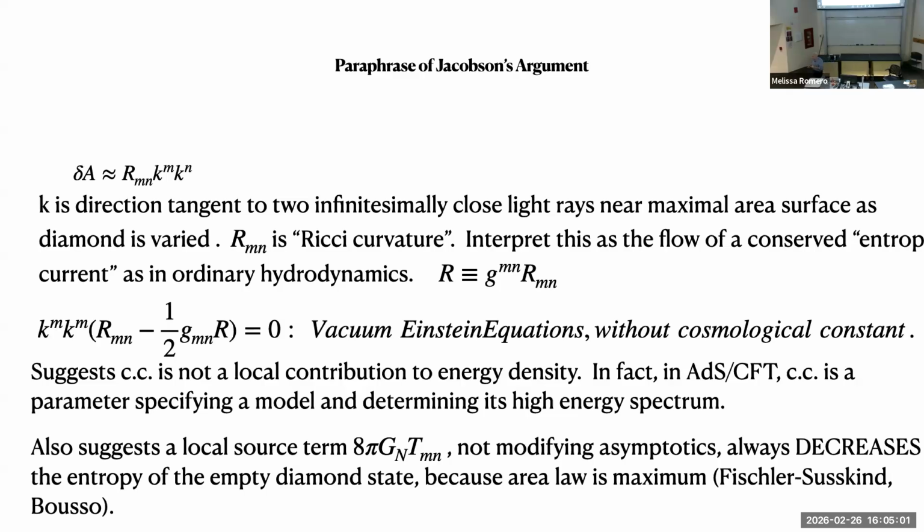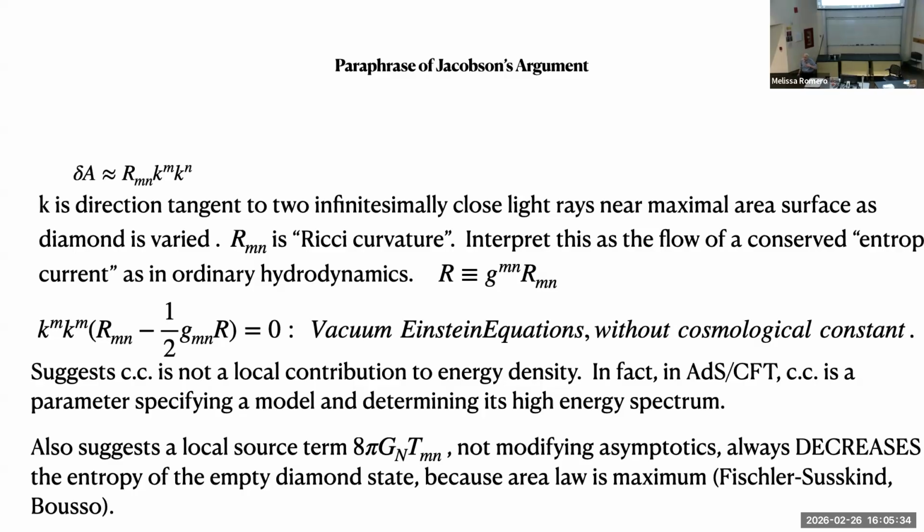When I'm thinking about the area, I have two light-like trajectories that were originally parallel to each other, going in the same direction. Km is the 4-vector in space-time that tells me where they were going. Now those two are going to spread a little bit. And that spread comes, to first order near the maximum, just from the local curvature of space-time.